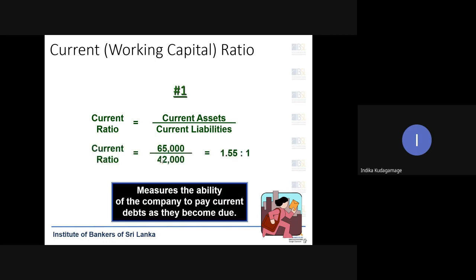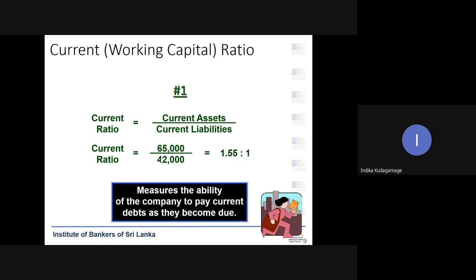So from the example, current assets are 65,000 and current liabilities are 42,000. So you divide this, it is 1.55. That means for each rupee of current liabilities, we have current assets of 1.55.